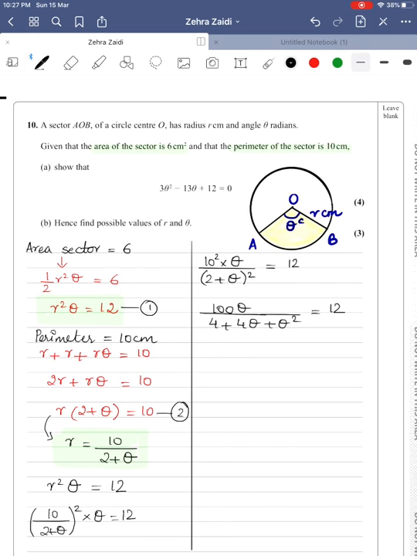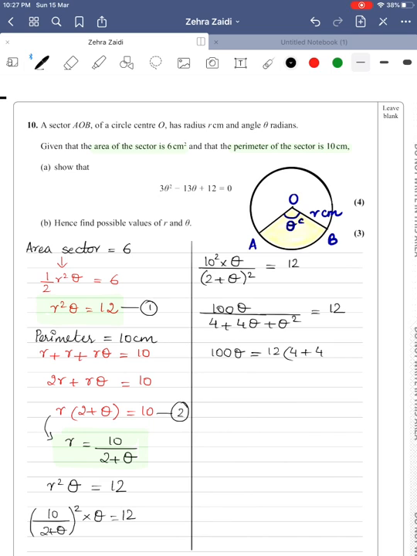Now what we can do here is consider this as a whole bracket that moves to the right hand side. Since on the left hand side it's in the denominator, on the right hand side the bracket will multiply.